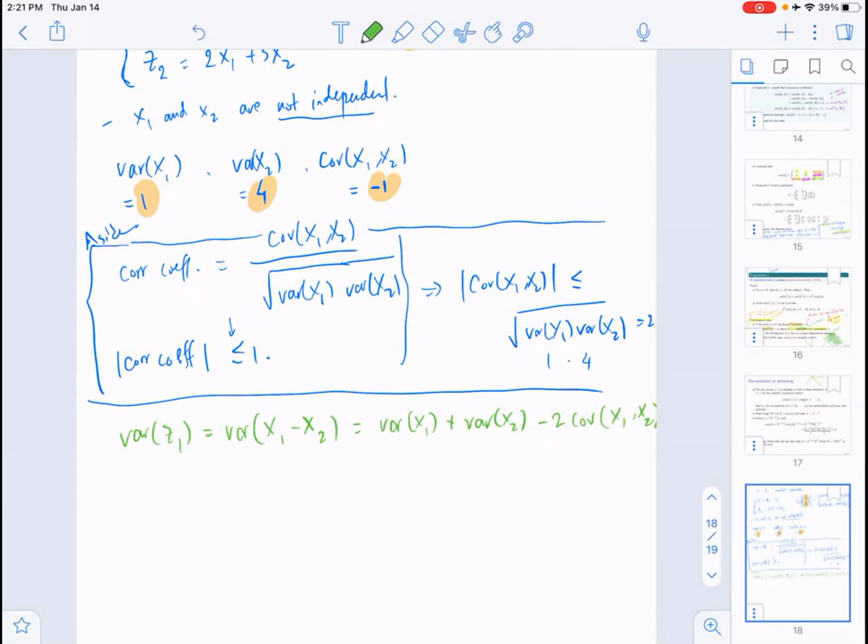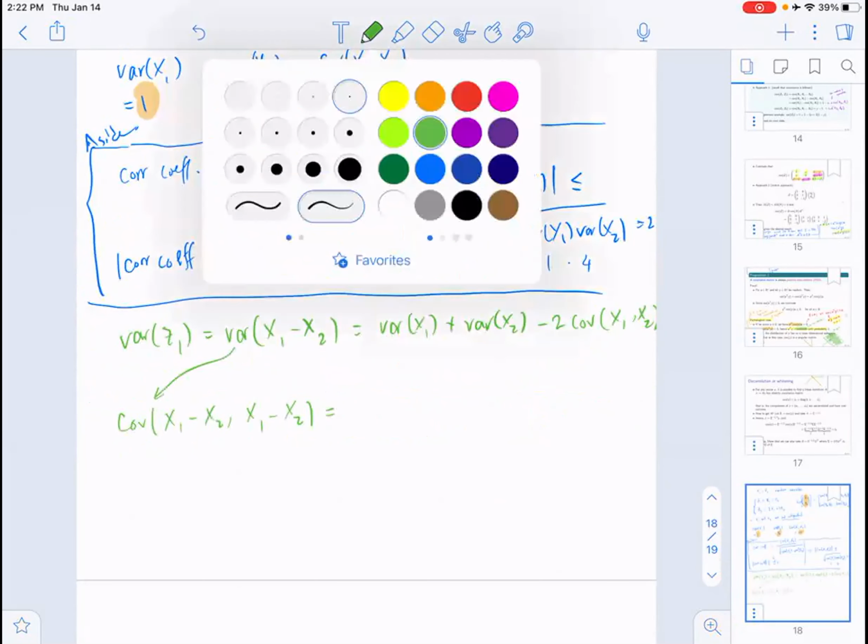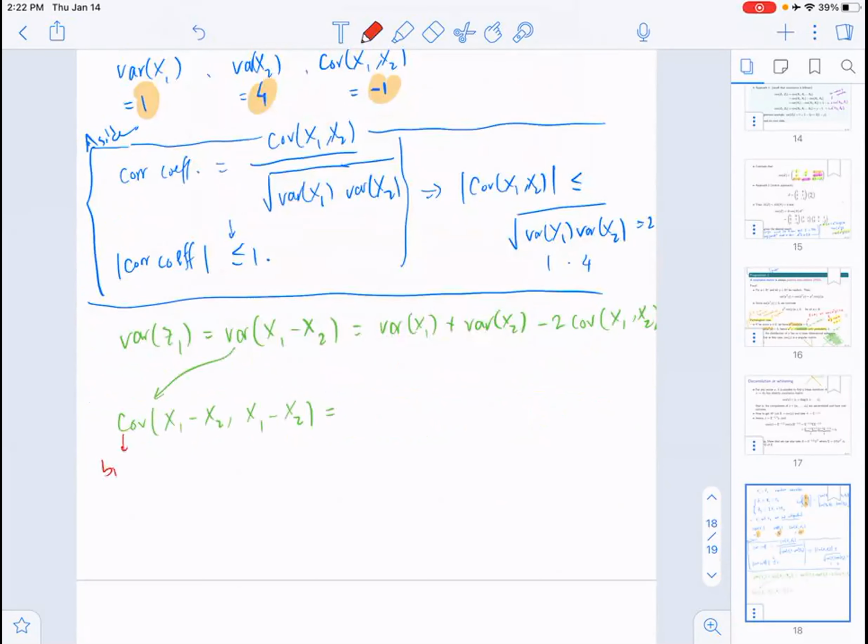Now we can compute this, but just to remind you what this is, we can derive this by definition. So you don't necessarily need to remember formulas. Covariance is bilinear.